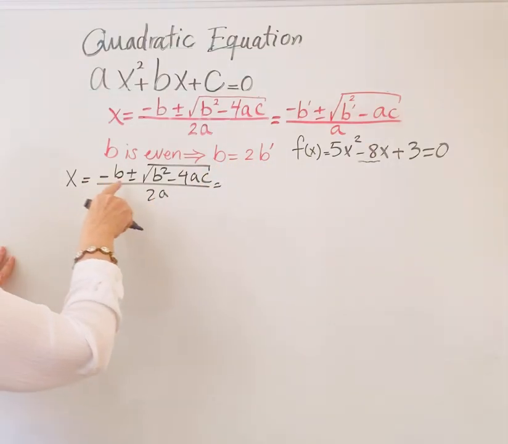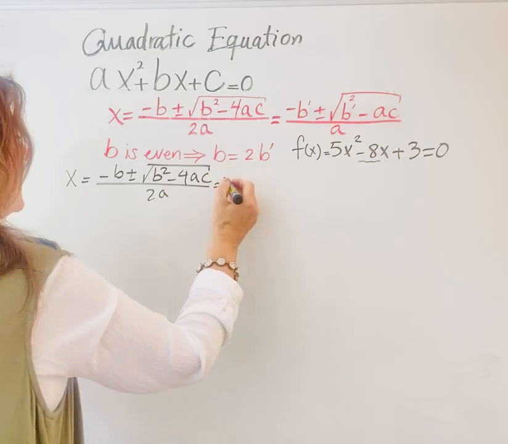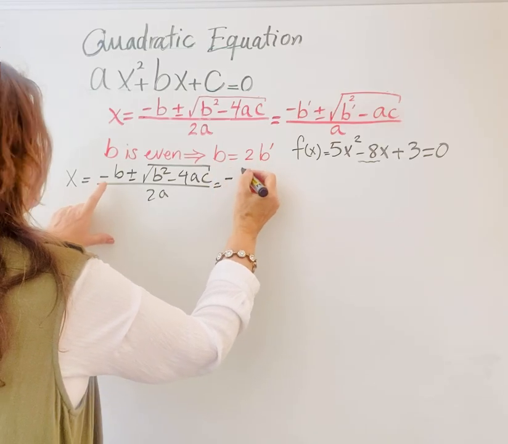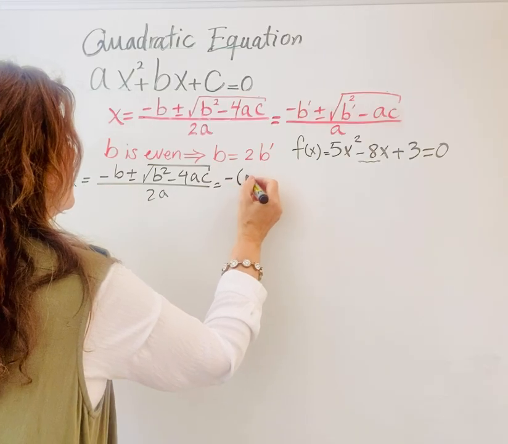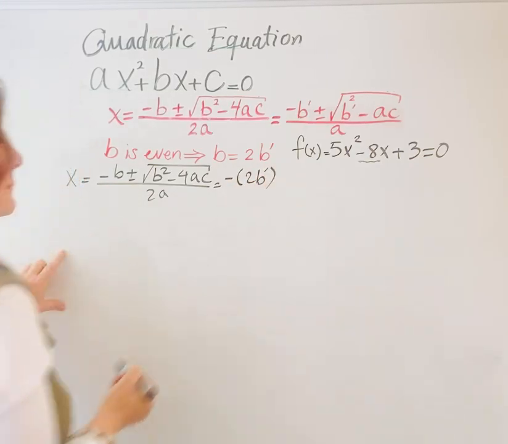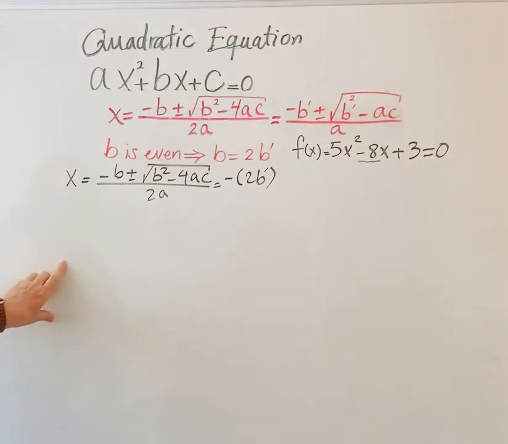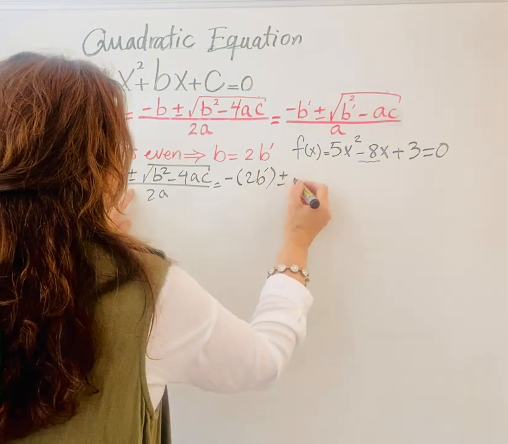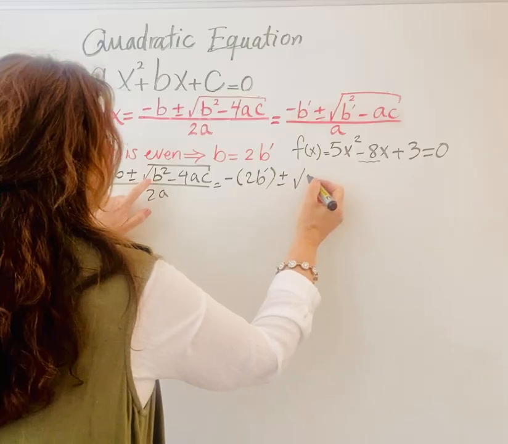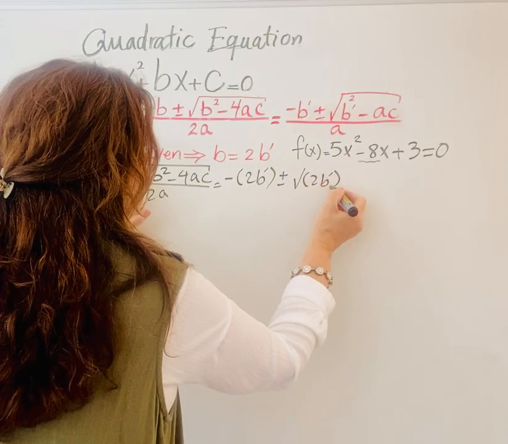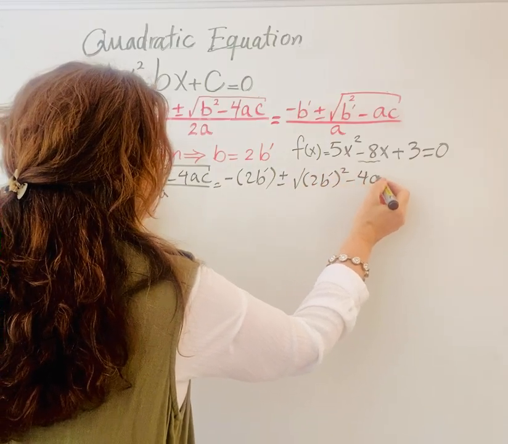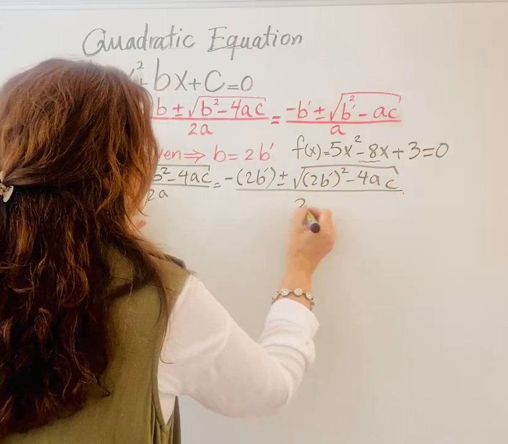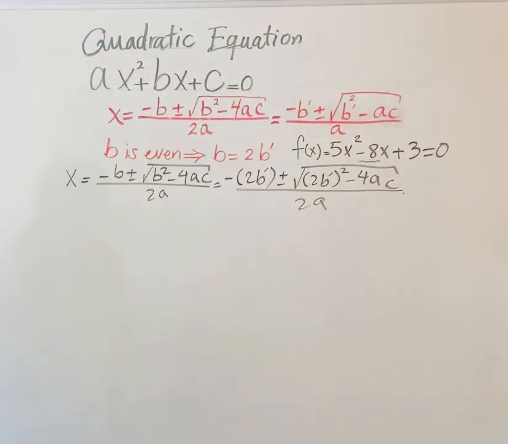Negative b is negative 2b prime. Do you agree? Good. Here, plus or minus, b squared becomes 2b prime squared, minus 4ac, all under the radical, everything over 2a.